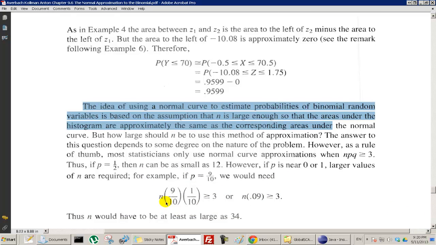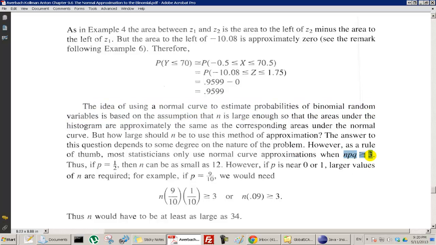Then in order for n to be greater than 3, well, this is going to be n times 0.09, so n would have to be at least as large as 34. So the rule of thumb is that npq should be greater than or equal to 3.